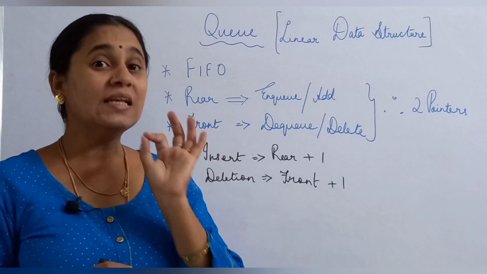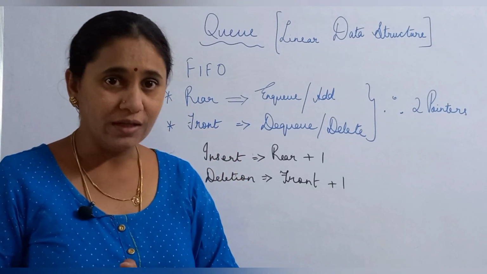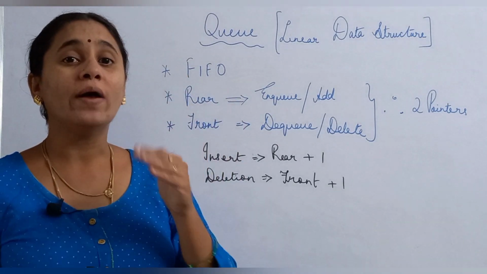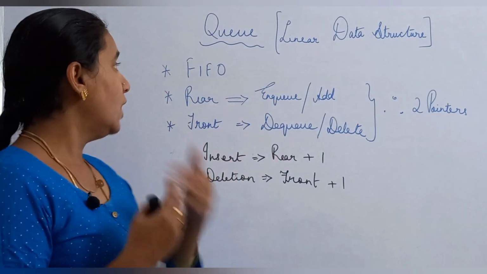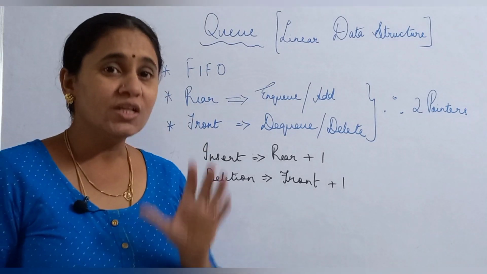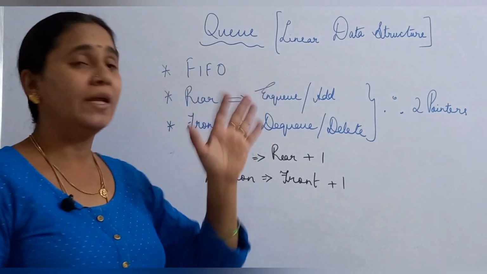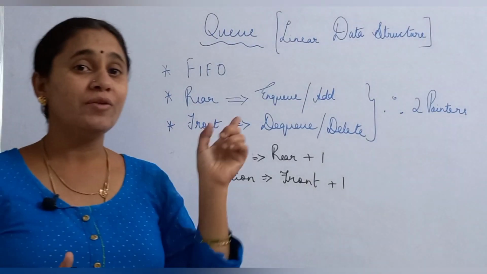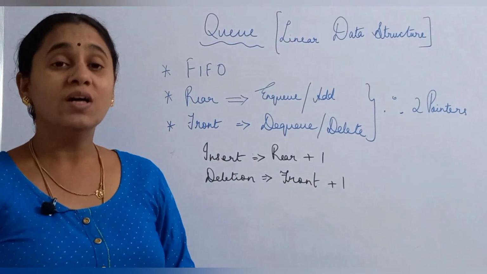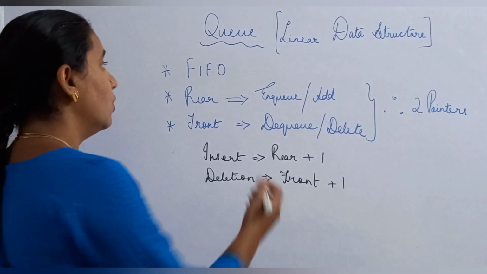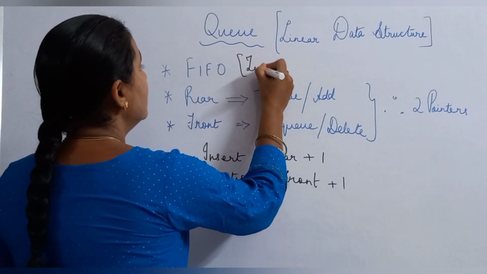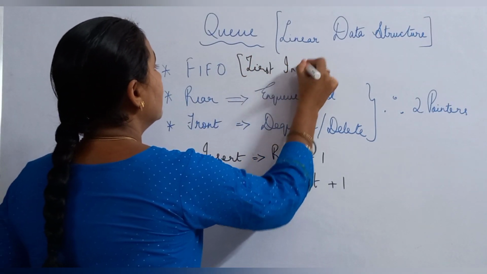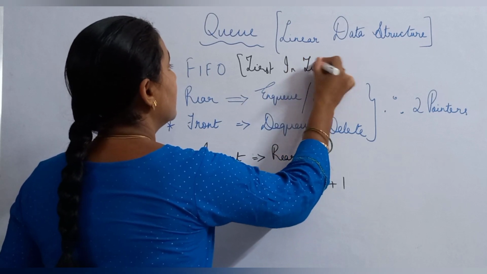That is called a linear data structure, right? Queue is also one such type. Now, the insertion and deletion of a queue data structure is based on FIFO. What is FIFO? FIFO stands for first in first out method.